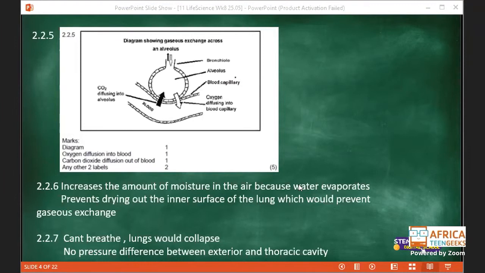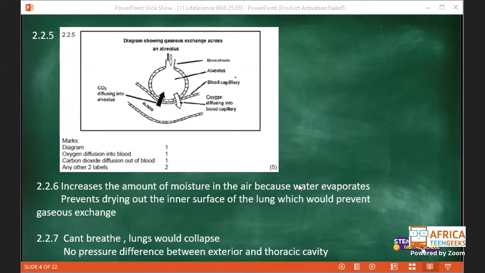So when we put that water in front of our bar heater, it makes the air that we breathe in less warm, at a moderated temperature, and it also contains the water vapor. It prevents the inner surface of our lung from drying out, so we are prevented from breathing in hot, dry air. But I don't think most of us use these bar heaters anymore, so it is usually not applicable now.